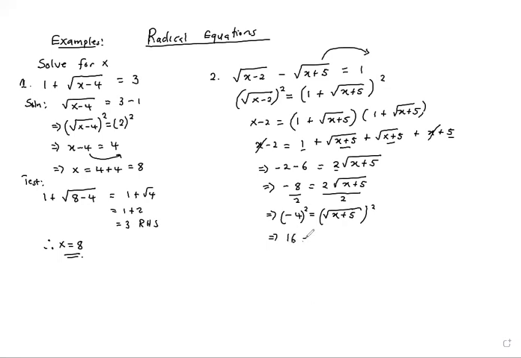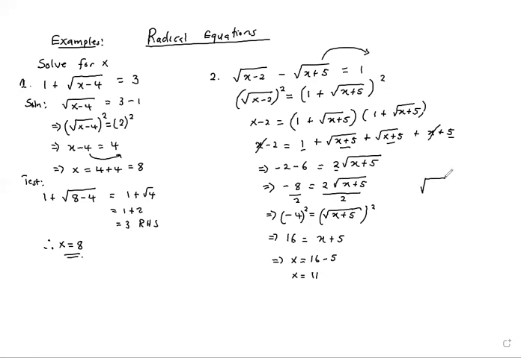So we'll have 16 is equal to x plus 5. Then solve for x, so it will be 16 minus 5, so x is equal to 11. So let's take it there and see if things will come out.